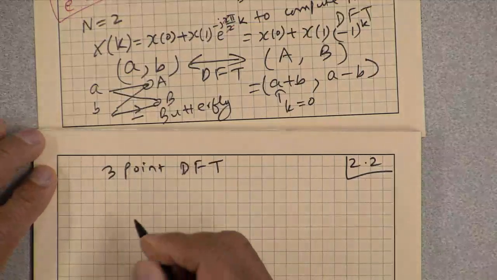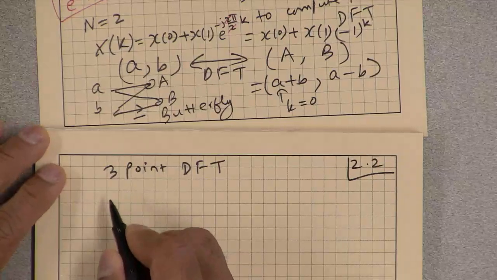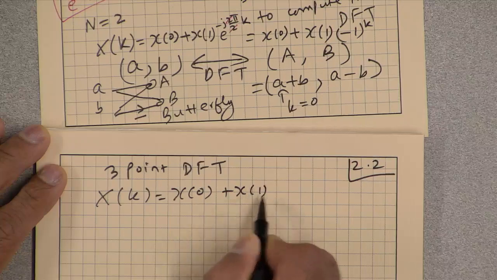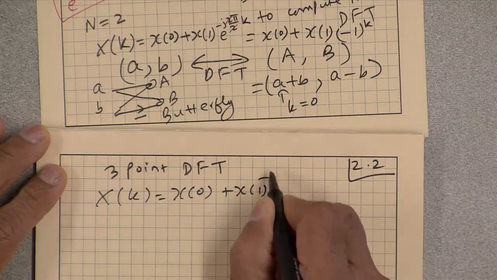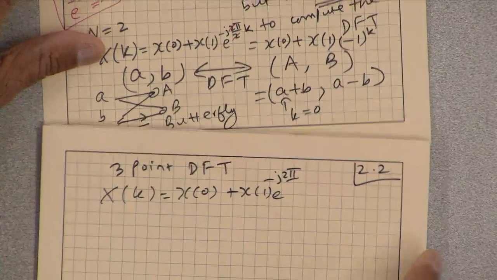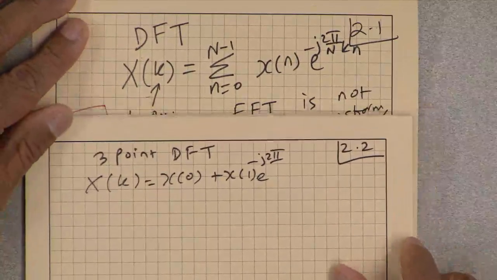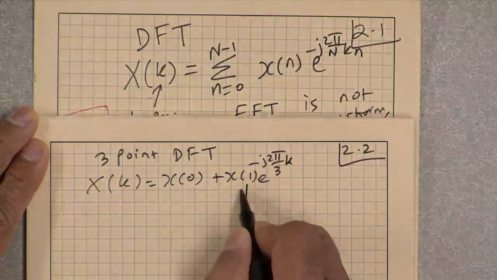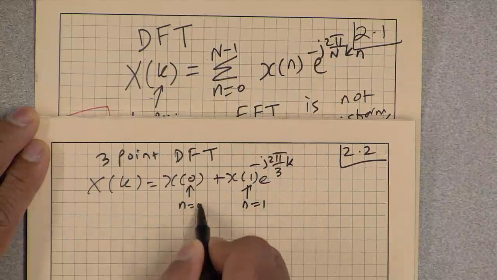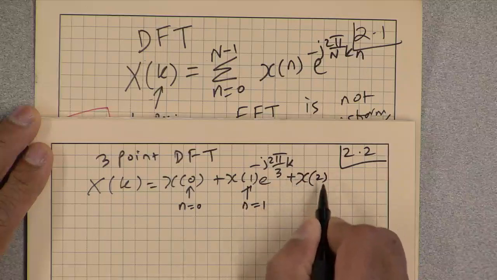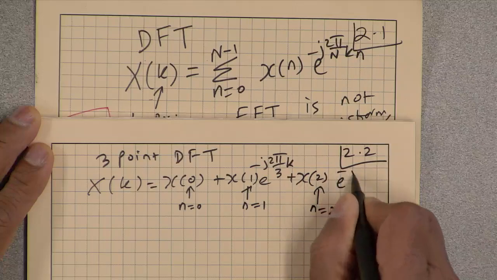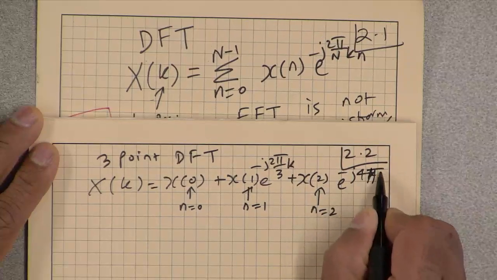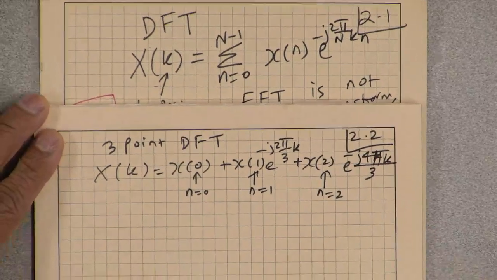Before we get to the Cooley-Tukey FFT, let's say that X[k] is going to be x0 plus x1 times e to the power minus j 2 pi by 3 times k, where this term is n equal to 1 and this is n equal to 0, plus n equal to 2, e to the power minus j 4 pi k by 3. Okay, so that's the 3-point DFT.